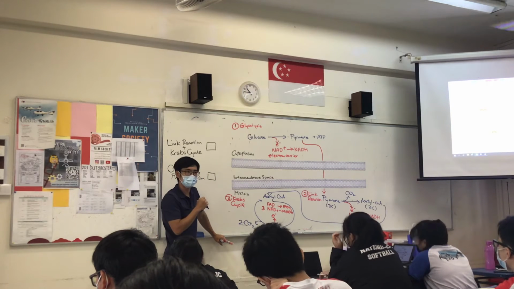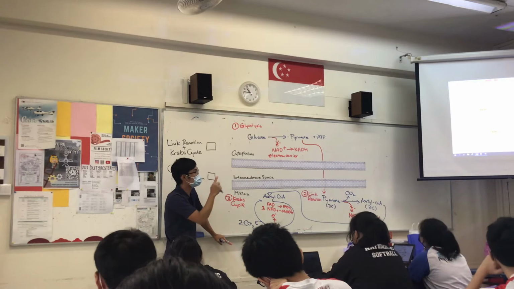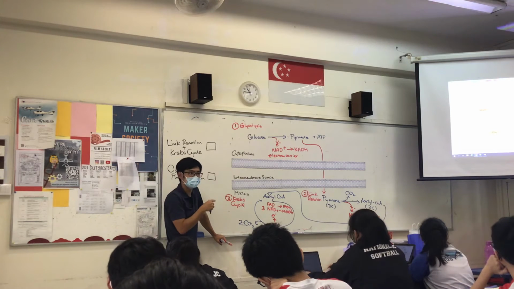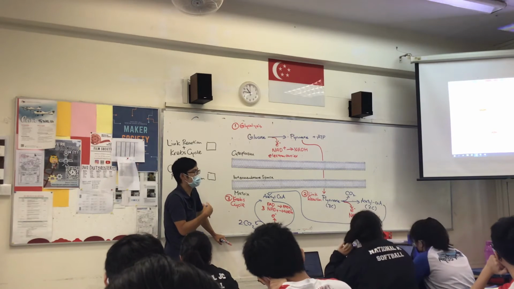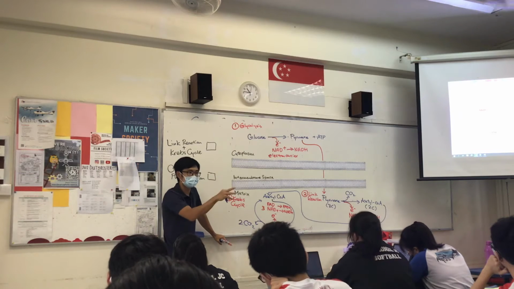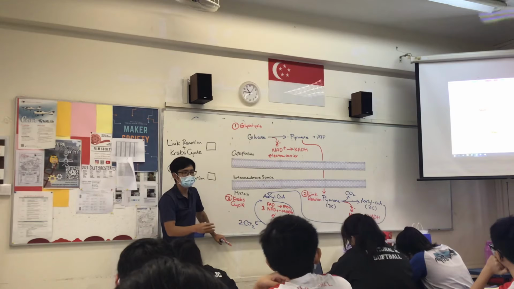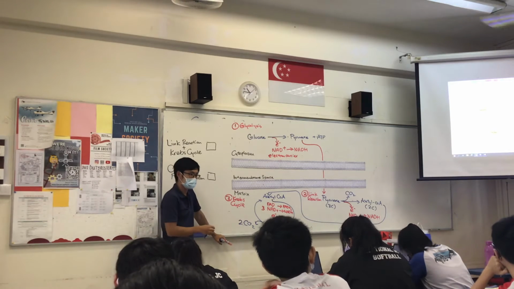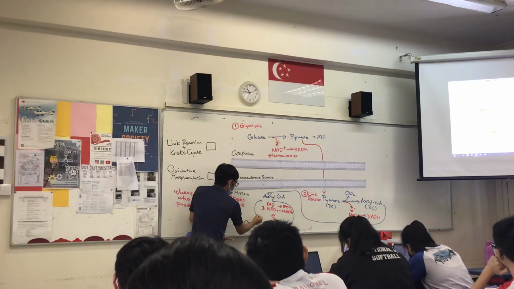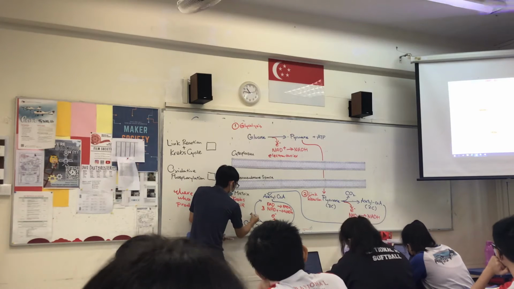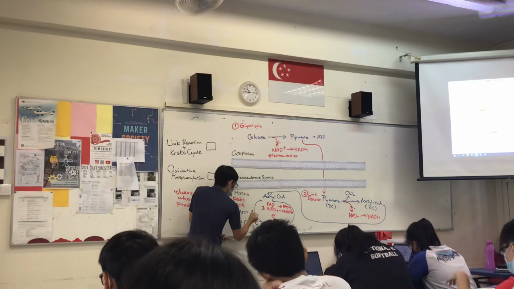Anything else that's formed? Okay, GDP and then they bracket ATP, right? So what it means is that the GDP is produced, and this GDP will be used to produce ATP. So what does this mean for you? You can just write ATP. That's the end thing that's going to be produced. So you do produce ATP as one of the products.